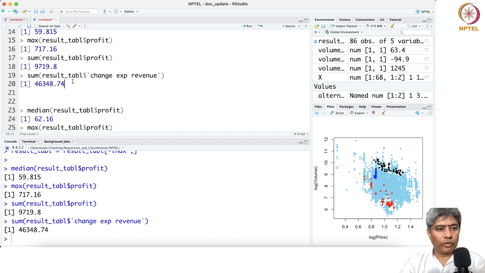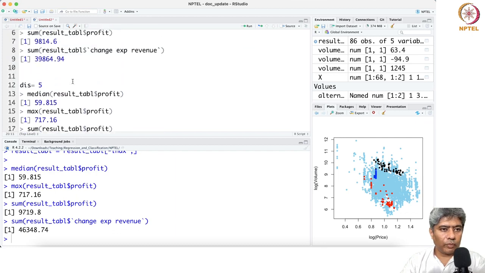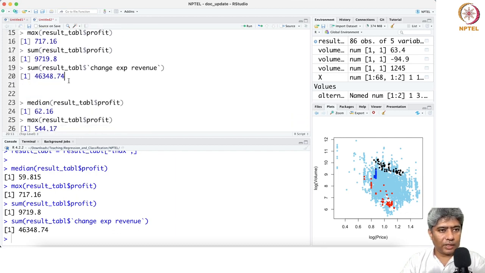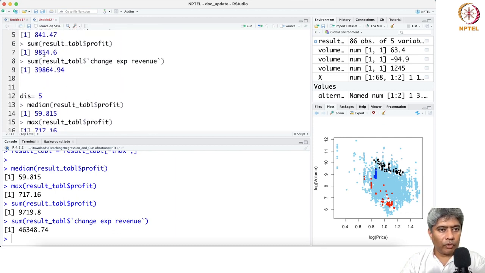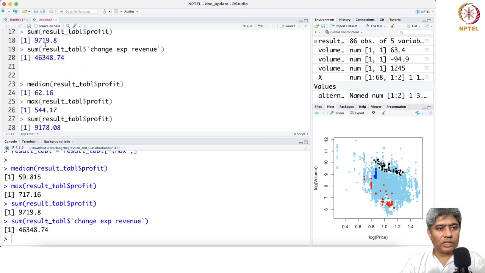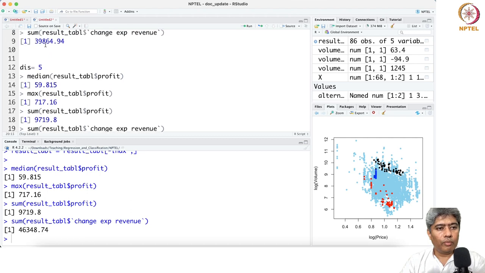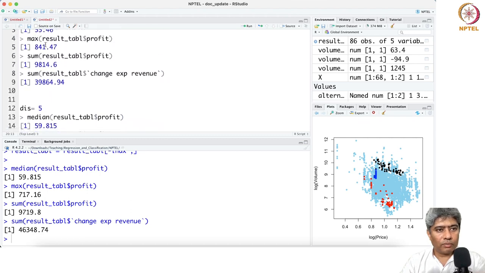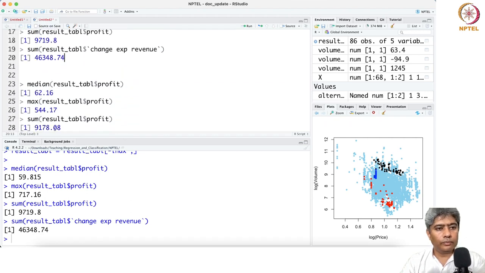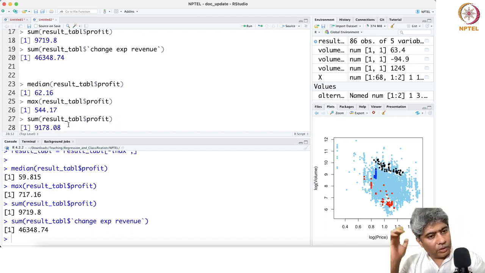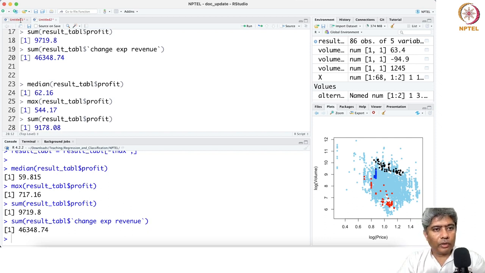My total revenue goes up from 39,000 to 46,000, but total profit came down from 9,800 to 9,700, but median profit raised by $4. Median is the 50% rate, at a lower level, overall profit goes up.